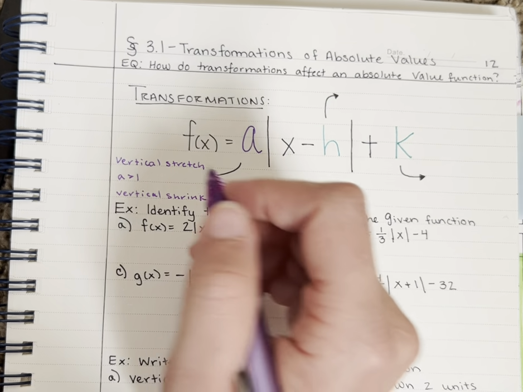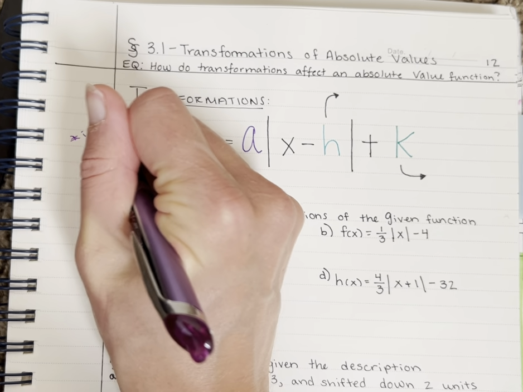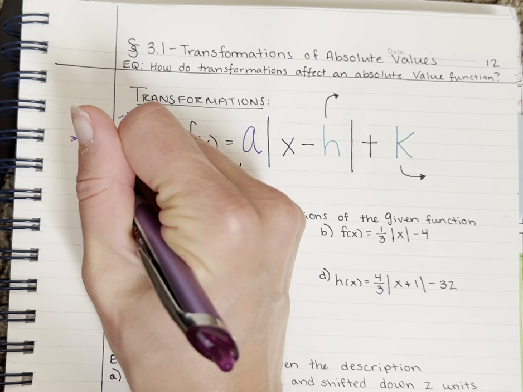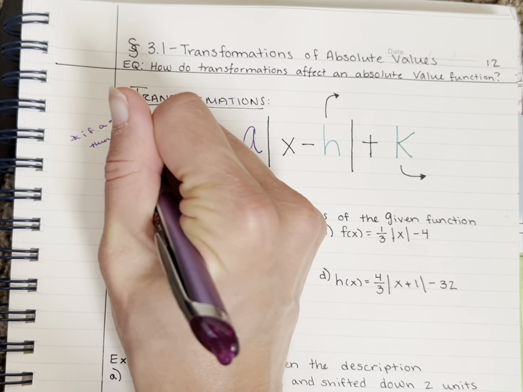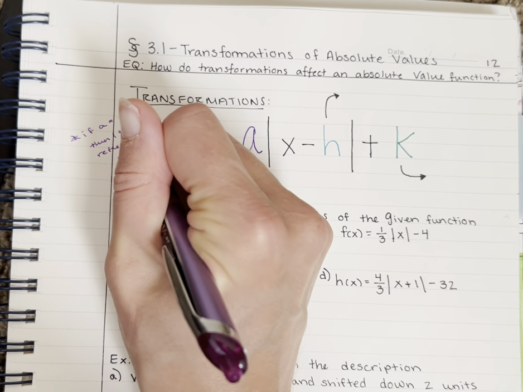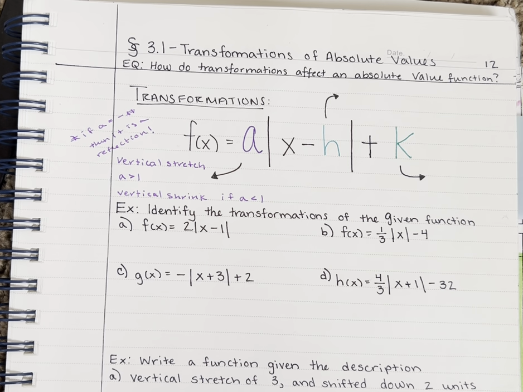Likewise, it is also going to be a reflection if A is equal to a negative number. So A is going to be stretching it, either making it bigger or smaller.